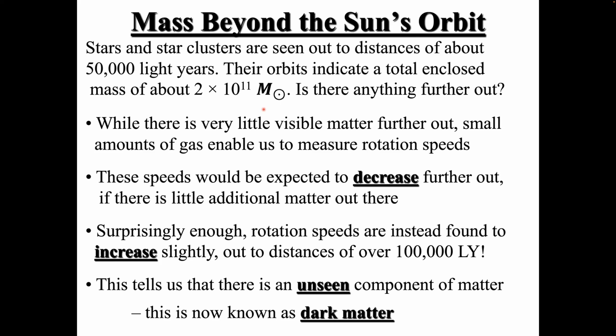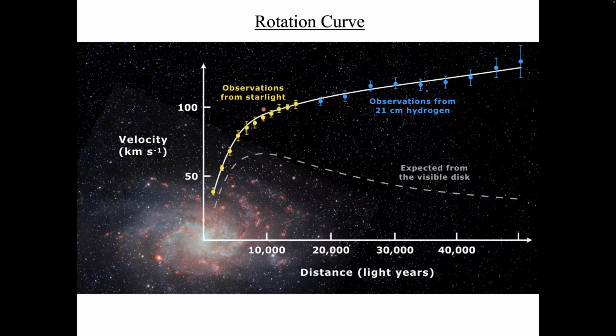So there should be some kind of matter which is invisible, which we cannot detect with our available telescopes, but which gives you a gravitational attraction effect. And this unseen component of matter is what we call dark matter. Now, I hope you can understand why we call it dark matter.